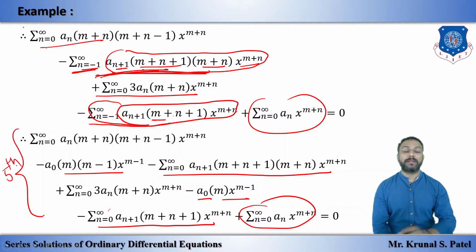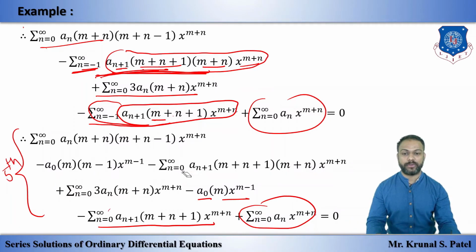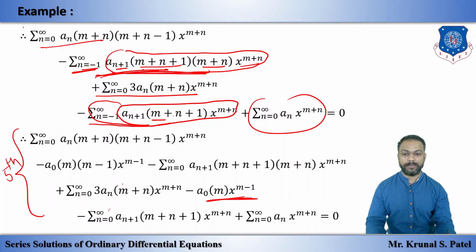Now, after making power of x equal and limit of sigma equal, we will just collect the like powers of x. Here you can observe that we have only two terms with x raised to m minus 1. Other than that, we have all the terms with x raised to m plus n.